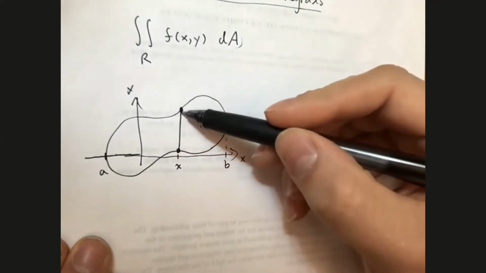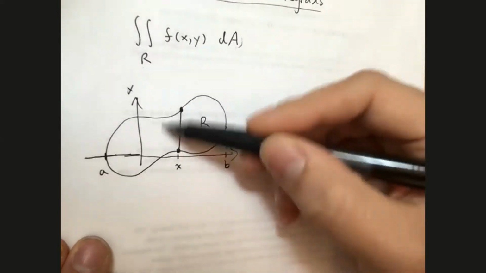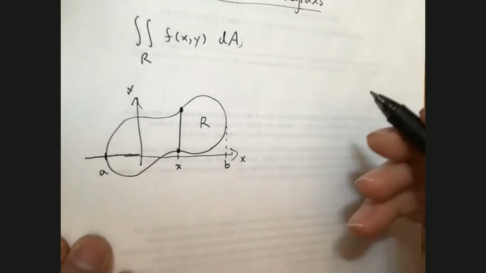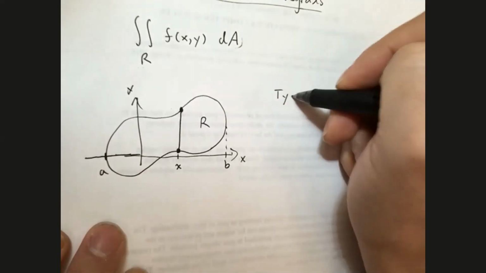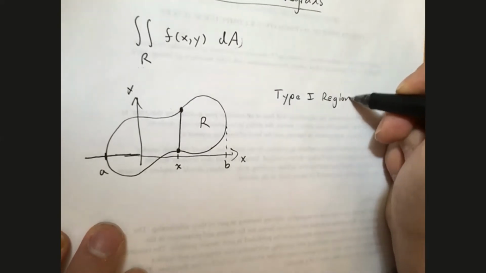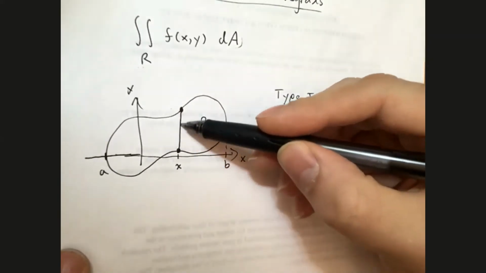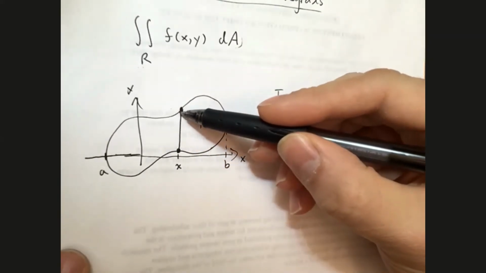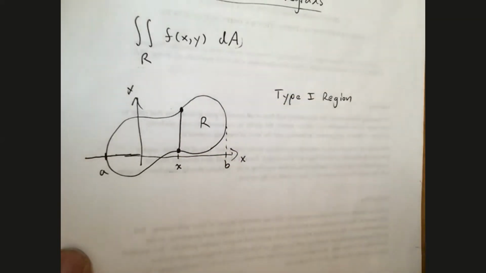If I imagine all these different vertical intervals in this region, I will fill up this region and cover the whole thing. And this is what the book calls a type 1 region. For each fixed x, I can find an interval of y's, and that will span the whole region if I do this for every value of x.